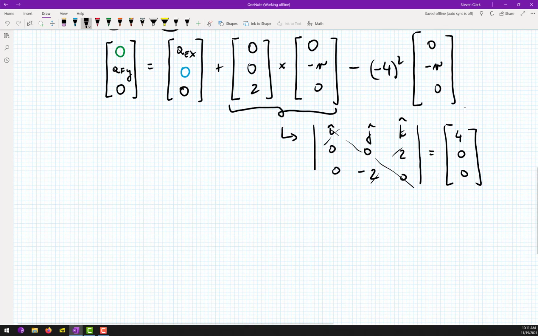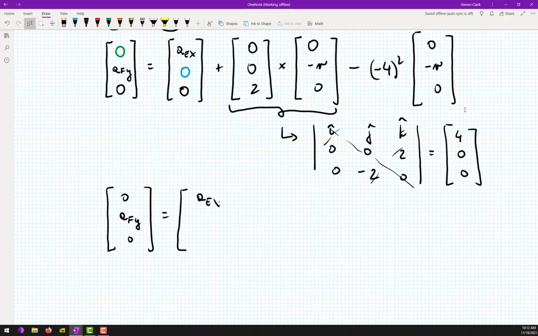Okay, so now we ended up with 0, AFY, 0 equal to AEX plus 4, minus 32, 0.